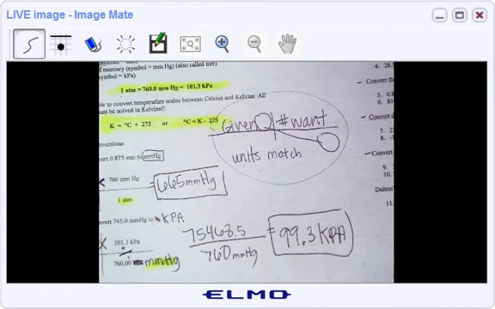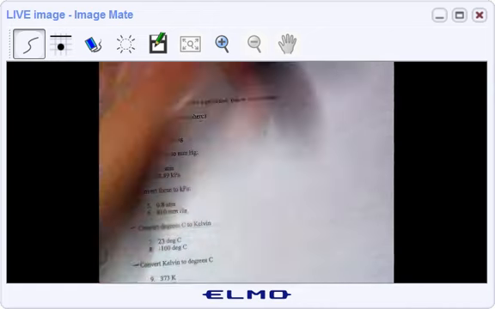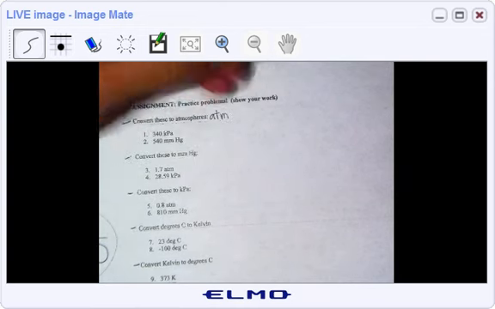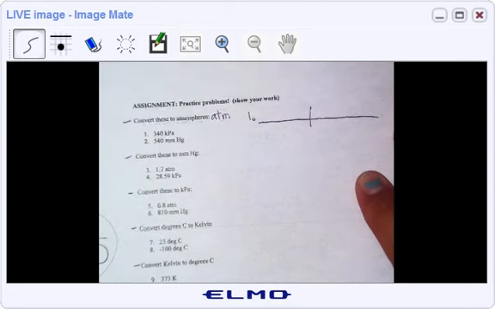I'll start you off with number 1 over here. You're going to convert these to atmospheres, and that's the ATM. Okay, so number 1. There's not a lot of space, and if you want to make it look nice, you can go ahead and put it on an extra sheet of paper. The number I'm given is 340.